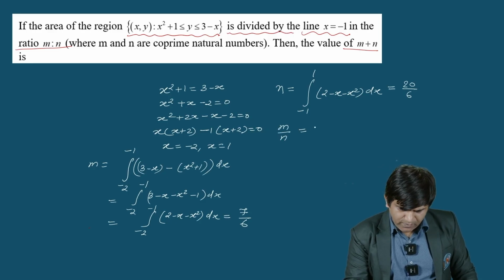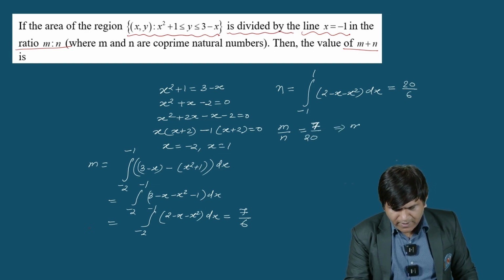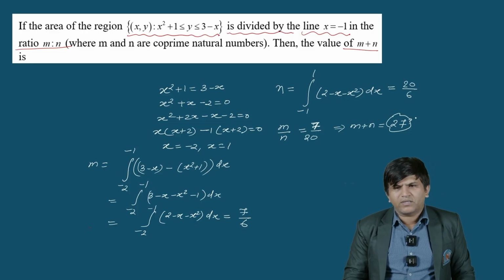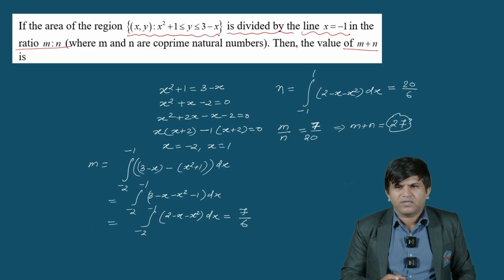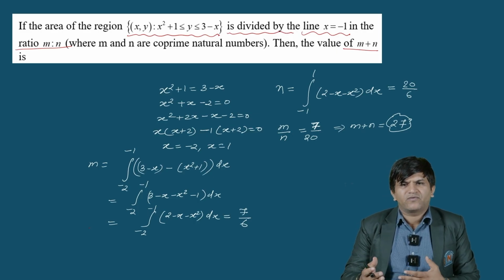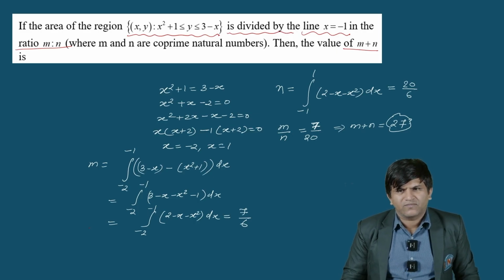For m by n, the 6 and 6 we can cancel, so that is 7 by 20, and m plus n is nothing but 27. So I think this is a moderate sum only. The only thing we have to take care of is the boundary, that is, which curve is the upper curve and which is the lower curve. That's it.